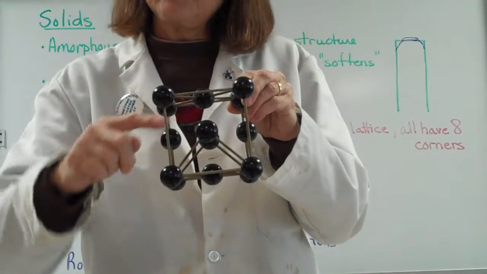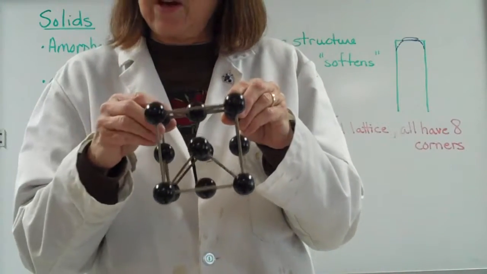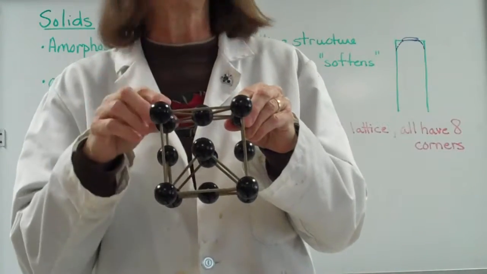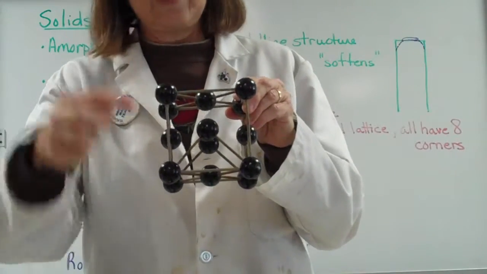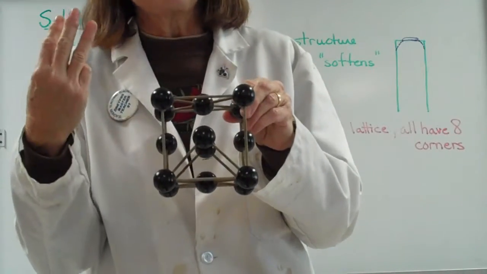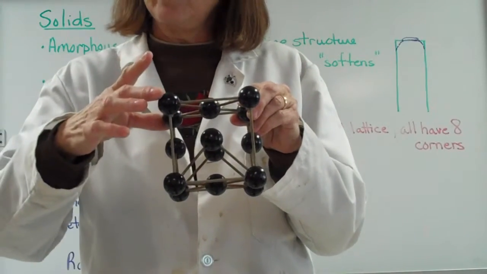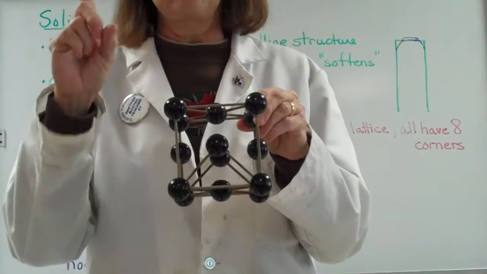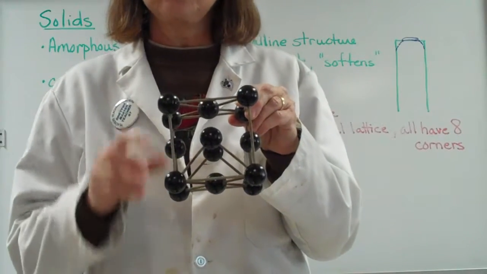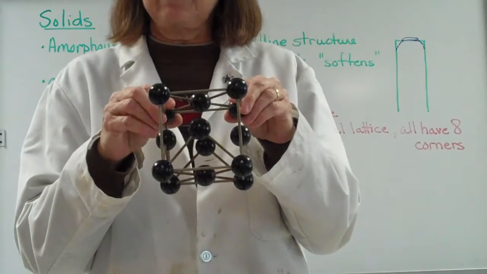So, if you have 6 faces and 1/2 of each of them belong to this unit cell, 3 particles total come from the face particles, and 1/8 times 8, 1 particle comes from the corners. 4 particles would make up this unit cell.